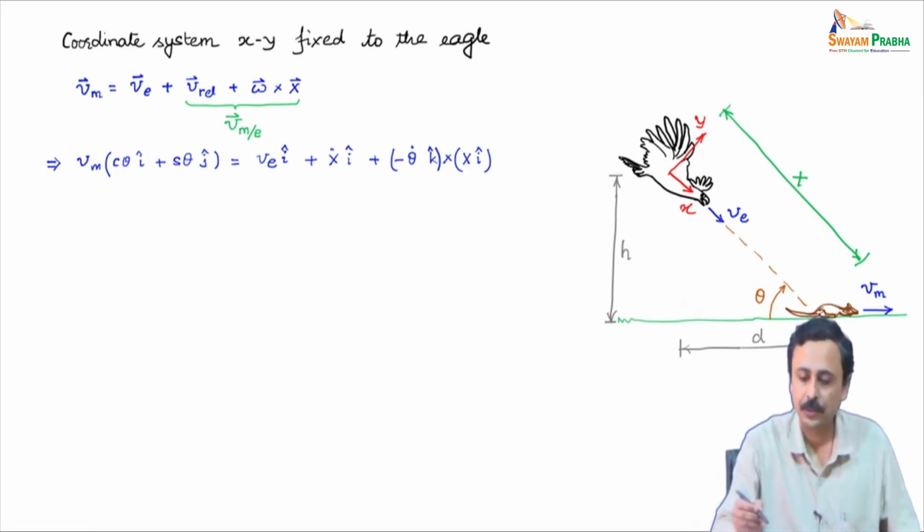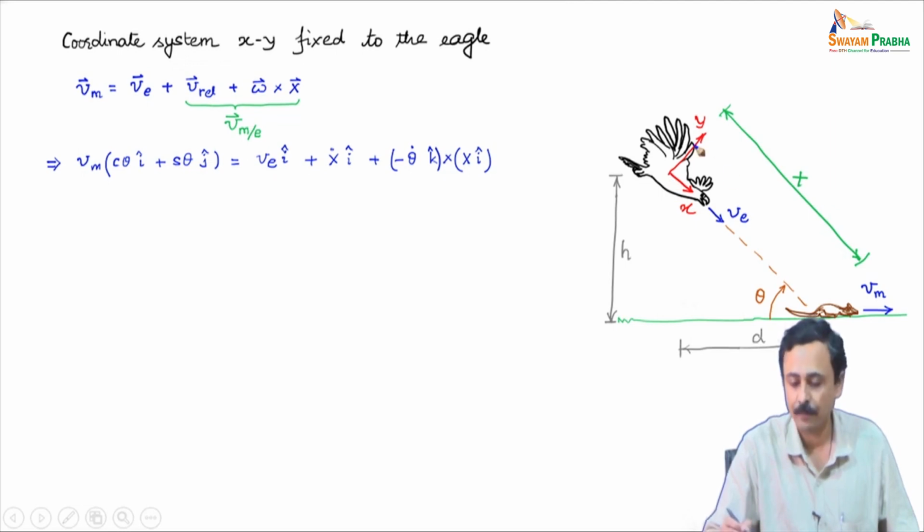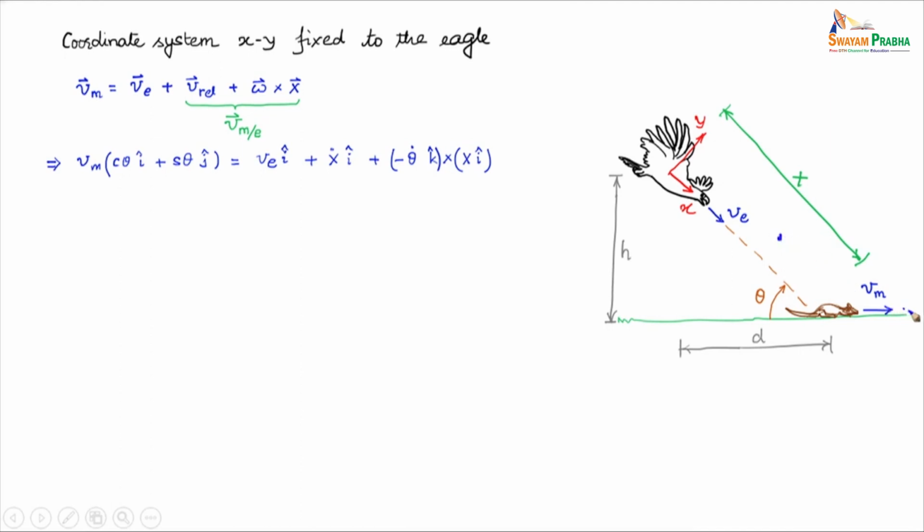Now, omega, the angular velocity of this frame x y, needs a step. As you can realize, when the eagle has come here and the mouse has come here, then the frame looks something like this, directed towards the mouse. Therefore, this is rotating like this, and I have to represent this vector. Now, theta is measured from the horizontal to this line joining the mouse and the eagle.